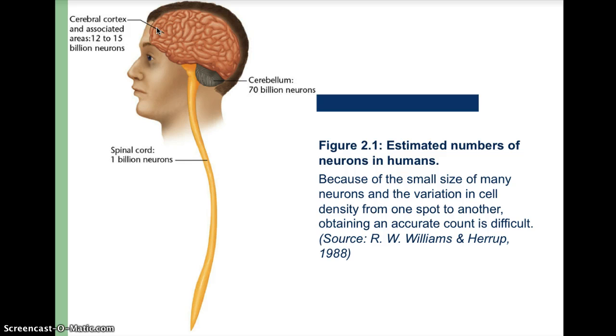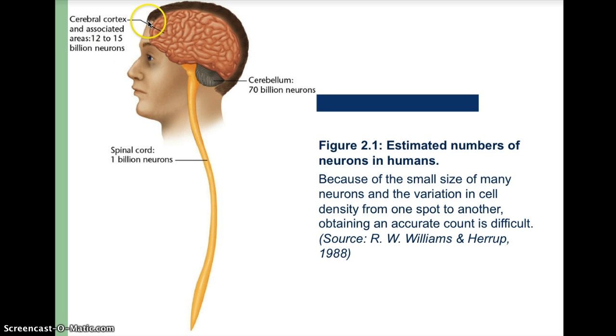And then the even more tightly packed area below the cerebral cortex, the cerebellum, and then the brain stem that goes right into the spinal cord is cut off here, but recognize that would go down to the base of the spine.